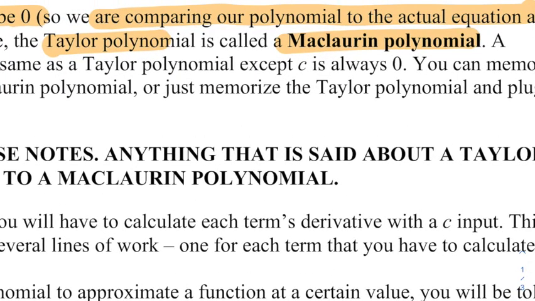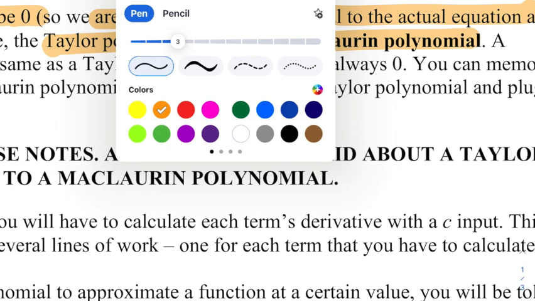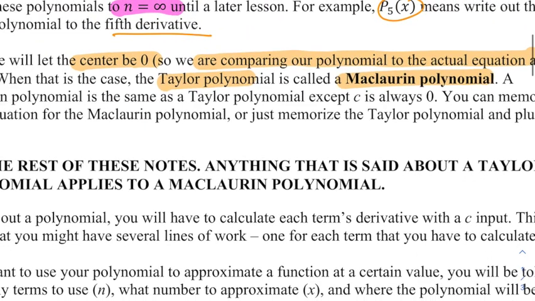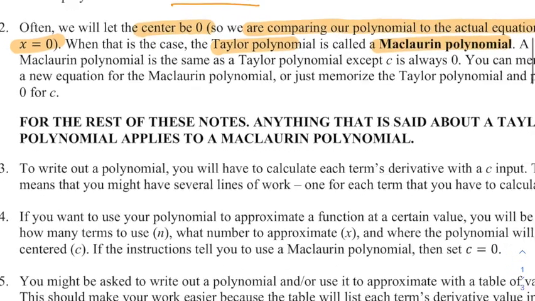Now Taylor's one mathematician, Maclaurin's another one who worked years later after Taylor and did a lot more with Taylor polynomials, and Maclaurin's work was important enough that now any Taylor polynomial centered at 0 is also called a Maclaurin polynomial. On the AP exam, it could call it a Maclaurin polynomial, then you know c is 0, or it could say a Taylor polynomial centered at 0, or a Taylor polynomial about 0, or something like that. So any of those all mean the same thing.